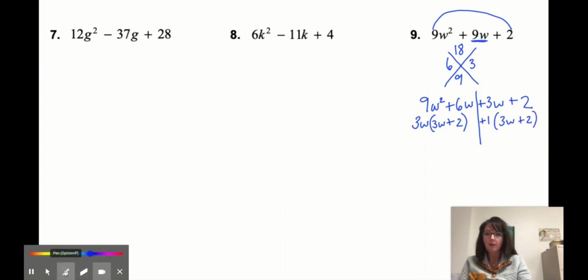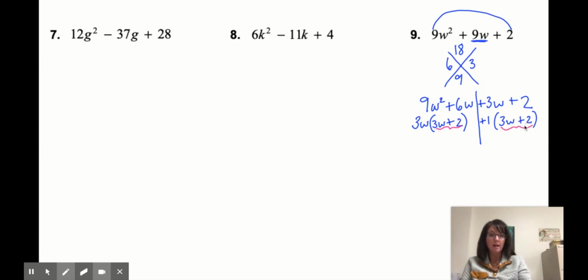So hopefully at this point you're seeing that this factor right here and this factor right here are the same. They're the exact same factor. So that's going to be one of our factors. We will have 3w plus 2.